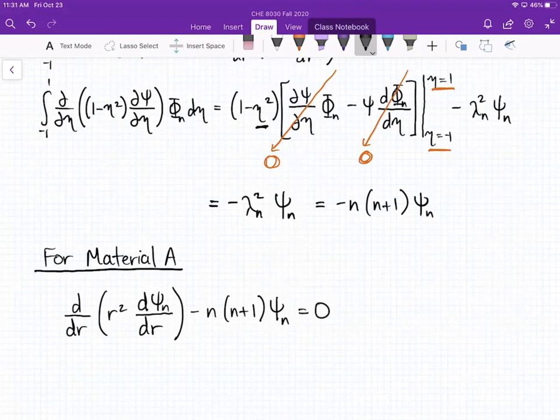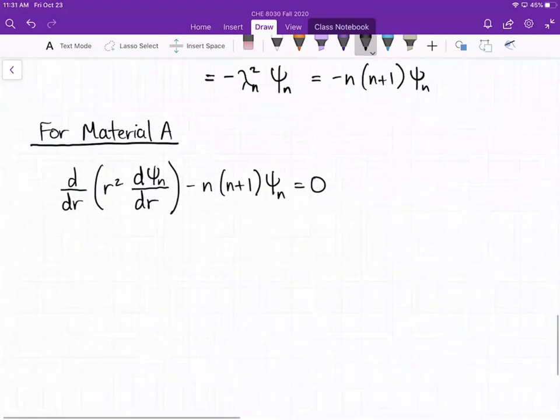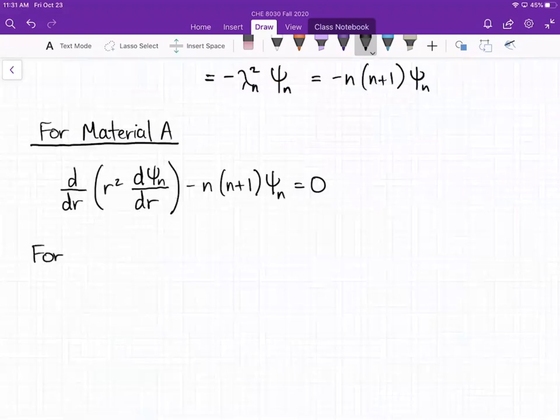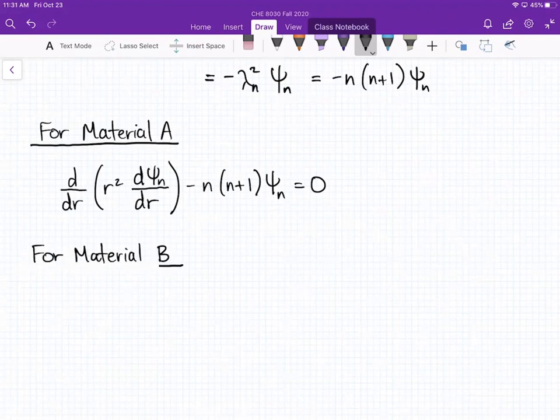Hopefully it's obvious to you that I would go through the exact same procedure to derive the transformed equation for material B. It would look exactly the same, except the fact that we would have a lambda sub n instead of a psi sub n.